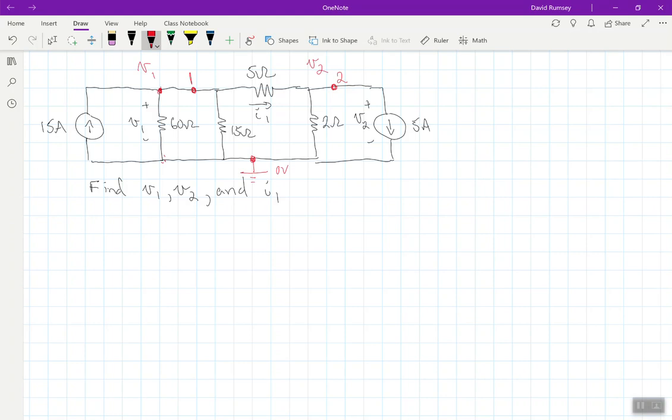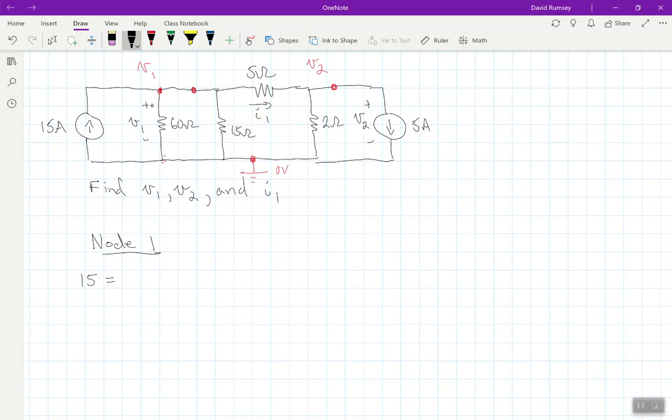All right, so now we just need to write our node equations. I'm not going to write out all the currents the same way; we'll do it a little quicker. I'm going to do node 1, because we want to find V1. First off, I've got 15 amps coming into the node.